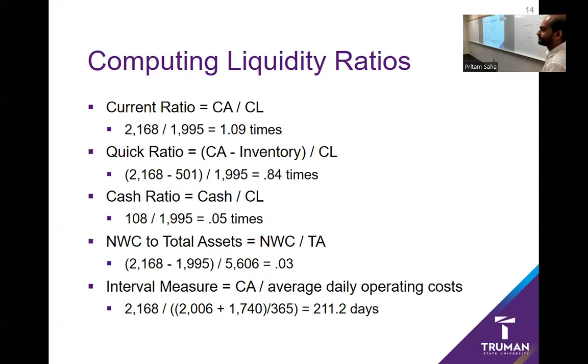Questions about short-term solvency or liquidity ratios. These are ratios trying to tell you the corporation's capacity to pay current liabilities very quickly. That's it. In real life, we try to compare the same firm's liquidity ratio over the years and look at whether the liquidity has changed or not.